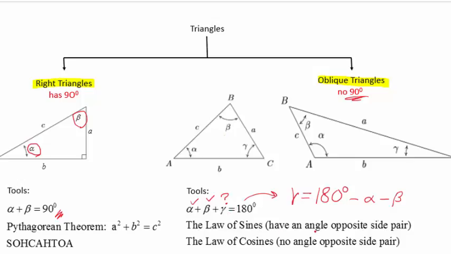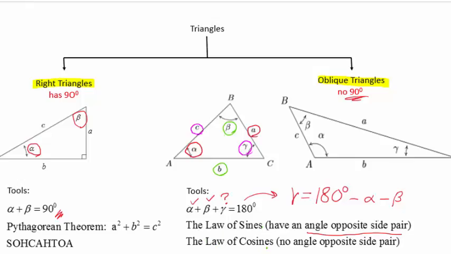For example, if in your problem you are given an angle opposite side pair, then you know you have a law of sines problem. An angle opposite side pair might be this angle alpha and its opposite side A. Or it could be this angle beta and its opposite side B. Or it could be this angle gamma and its opposite side C. It wouldn't matter which angle opposite side pair you have, but if you have an angle opposite side pair, then you know you have a law of sines problem.